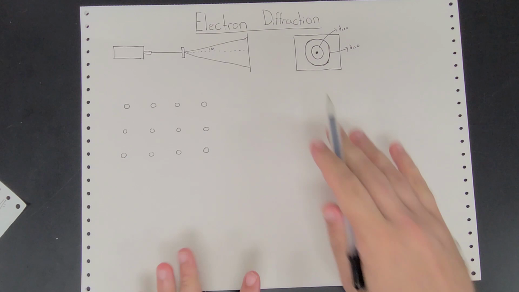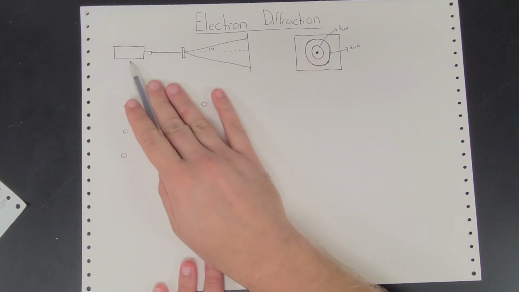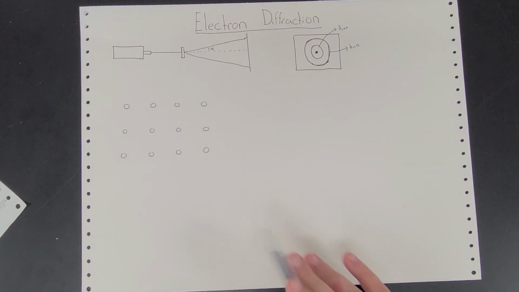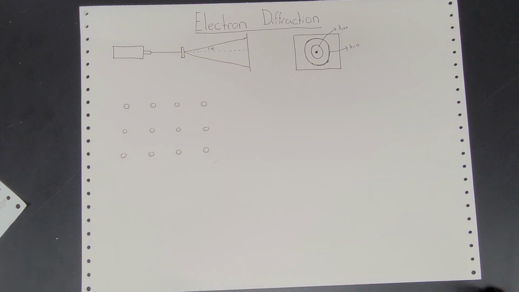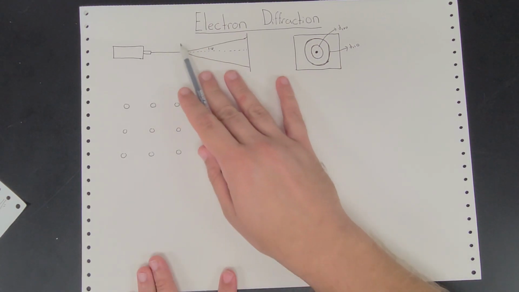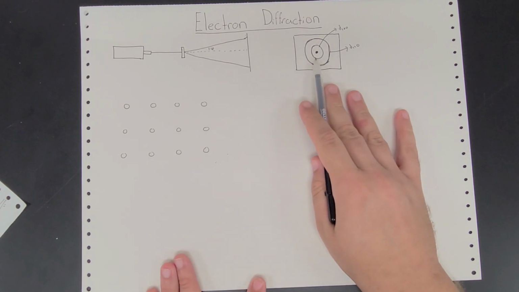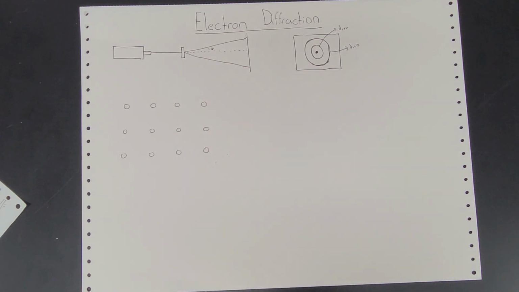Then from the diameter of these rings and from the voltage that we're supplying to accelerate these electrons, we'll be able to determine the lattice constant a for our particular sample here. But to get to that point, we have to go through quite a bit of theory in order to get from measuring diameters to measuring the atomic lattice spacing of our graphite crystal.